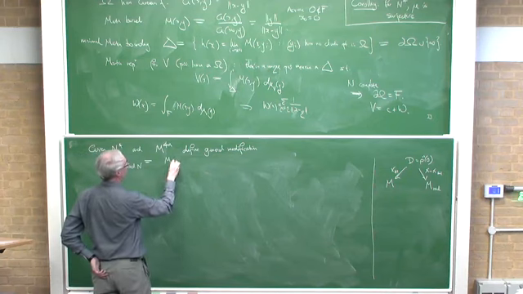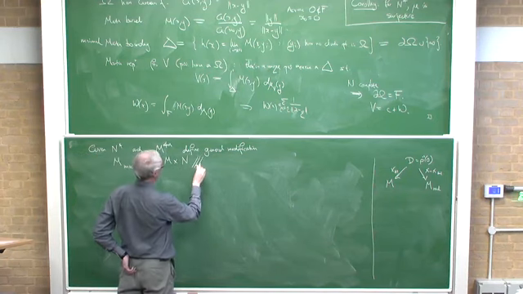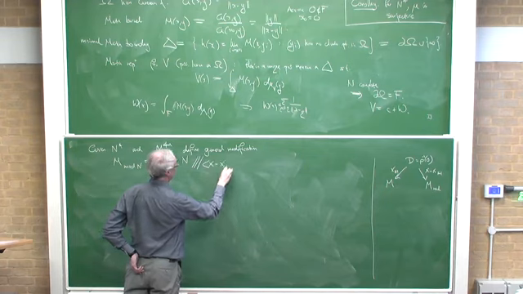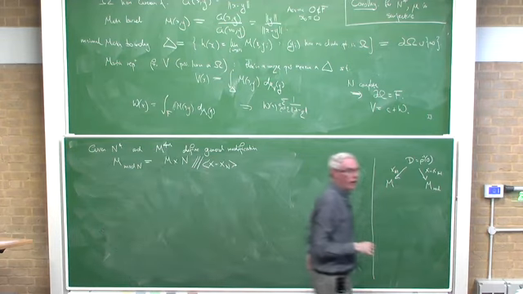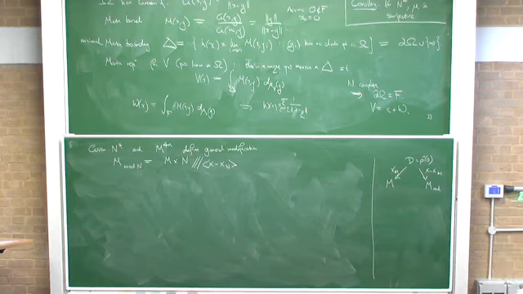Which is just going to be: take the product and then take the HyperKaehler quotient by the diagonal action.